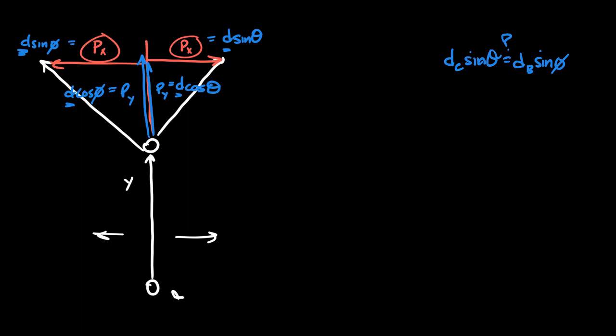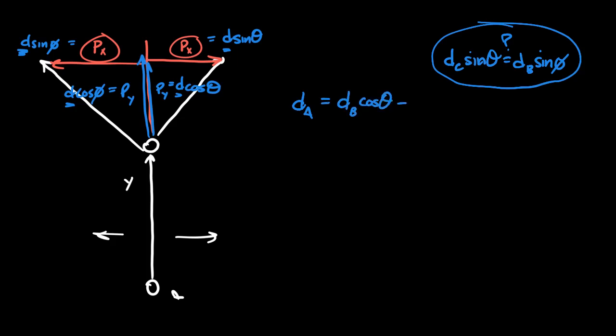That's what you should be looking for, because the stuff that traveled laterally should add up to be 0. That one's pretty straightforward. The distance to A should be equal to the distance to B times the cosine of the angle plus the distance to C times the cosine of the other angle.